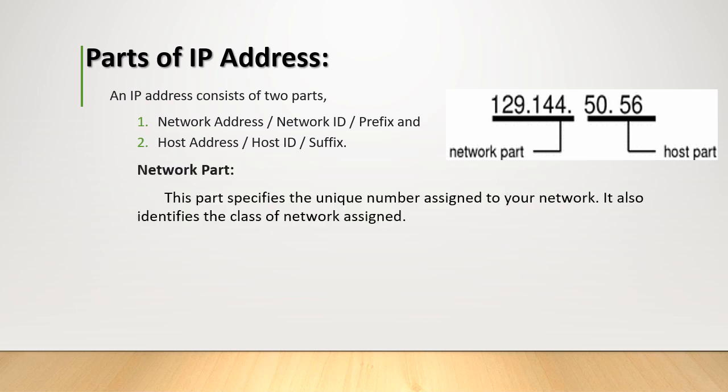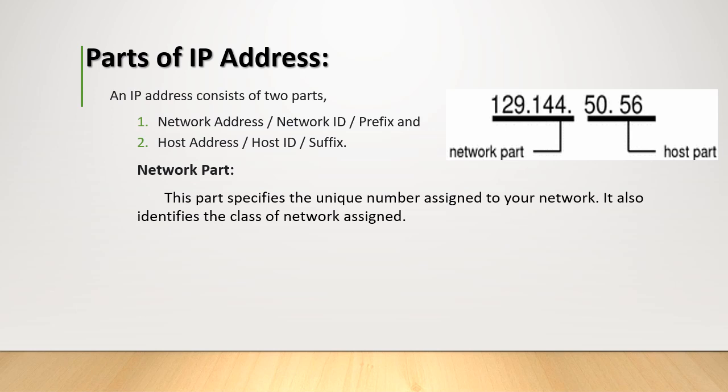What is the network part? This is a unique number assigned by your network. It defines which class you belong to. Now it belongs to class B. And what is the host part? In this particular network, this IP is assigned to your device.